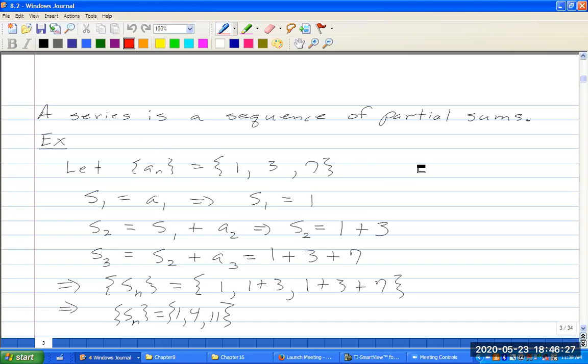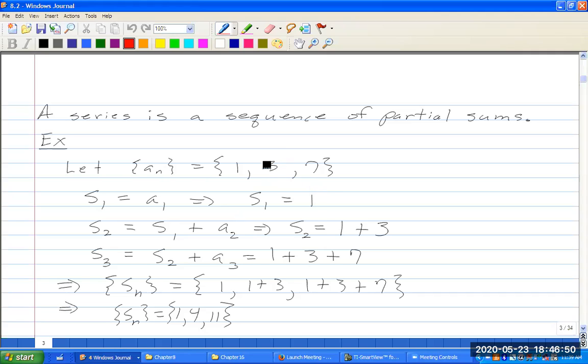Let A sub n be the sequence 1, 3, 7. Let's derive from this a series. So S sub 1, the first partial sum, is A1. So S1 is equal to 1. S2 is equal to S1 plus A sub 2.